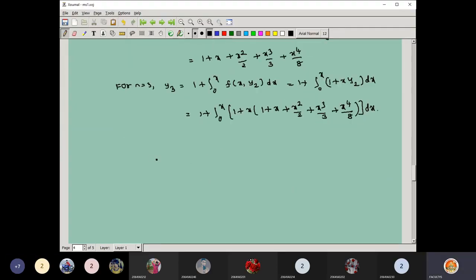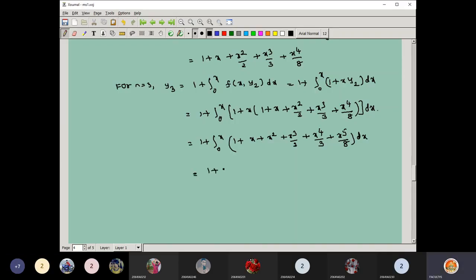Do the simplification first. So 1 plus integral 0 to x of 1 plus x plus x square plus x cube by 2 plus x to the power of 4 by 3 plus x to the power of 5 by 8. For this you are doing the integration.